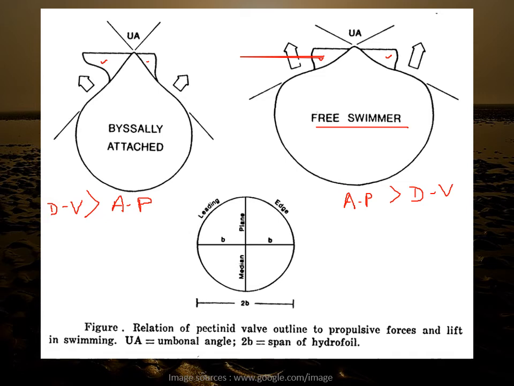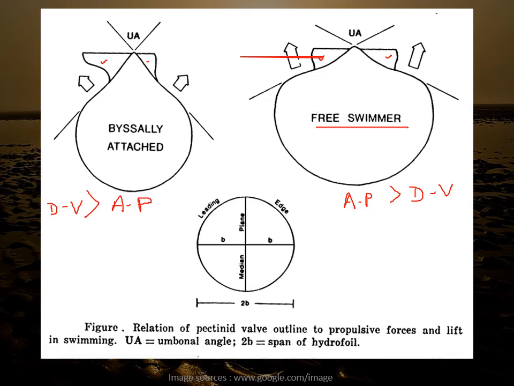But when the dorsoventral length is greater and it has a much shorter areal expansion along the anteroposterior line, it is not a very efficient hydrofoil to float within the water.